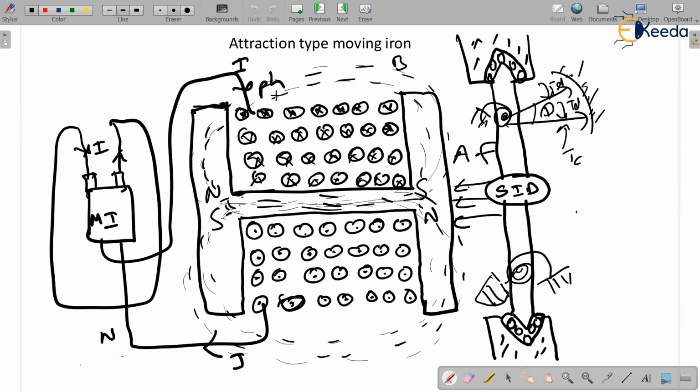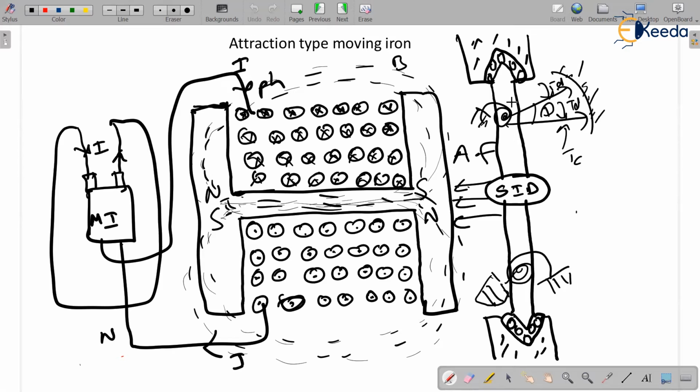So this is your phase, this is your neutral. Current is entering and current is leaving. This is a hollow dumbbell. It is wound.